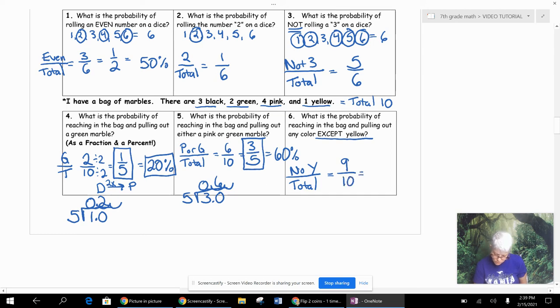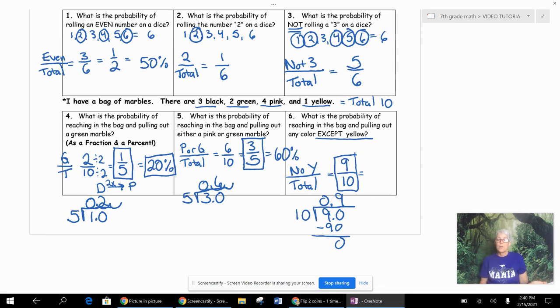And so there's my fraction. And then top in the box. 10 goes into 9 0 times. Add a decimal. Add a 0. 10 goes into 90 9 times. All right. I have 0.9.